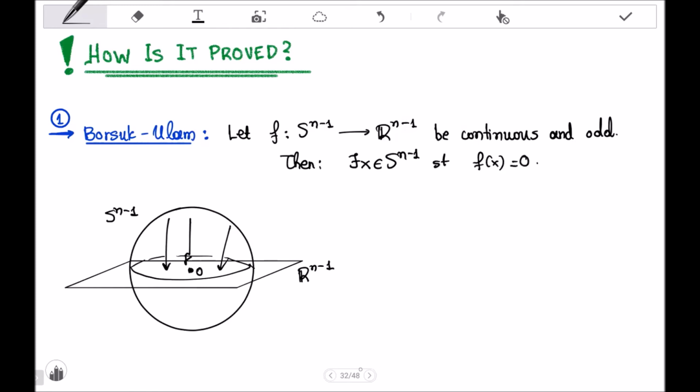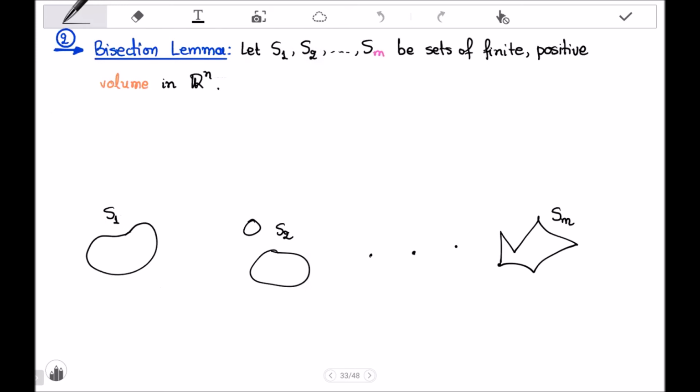Okay, and why would this have anything to do with bisection? Well, it will give us a bisection lemma that's very, very analogous to the vanishing lemma. So for the vanishing lemma, you had m points. Here we have m sets of finite and positive volume.